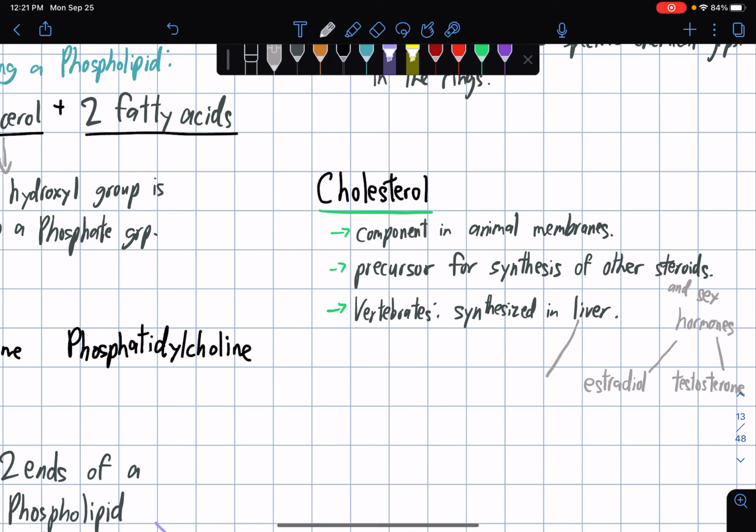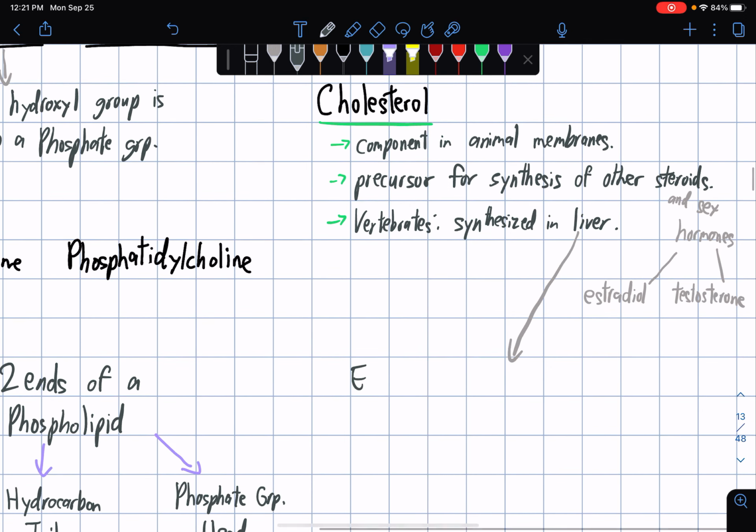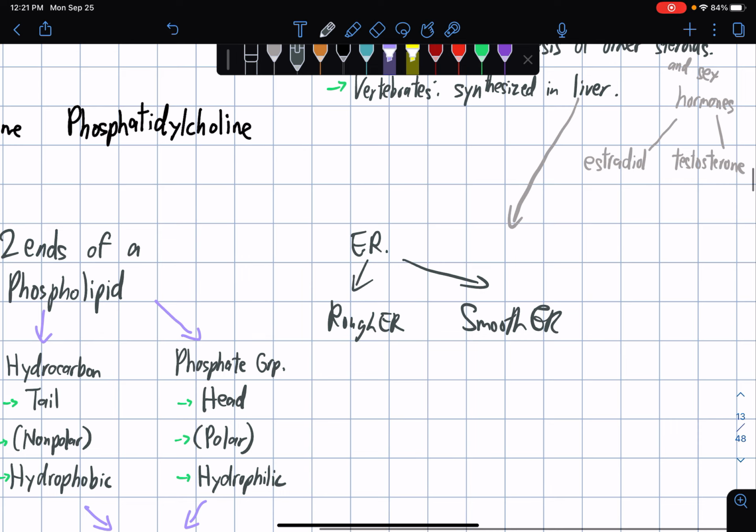Particularly in the liver, there is something called the endoplasmic reticulum, divided into 2 things. One is rough and one is smooth. For the rough ER, this is where you find some of the ribosomes that make protein.